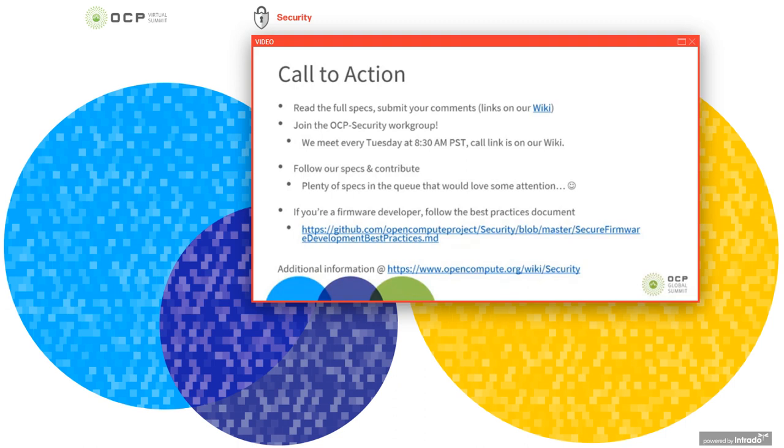Those practices don't come from an idealistic view; every tip there comes from something that the cloud providers involved in CSIS have seen happen in the world, things they've seen people do wrong. So follow those best practices and we can raise the quality of firmware in general across the board.